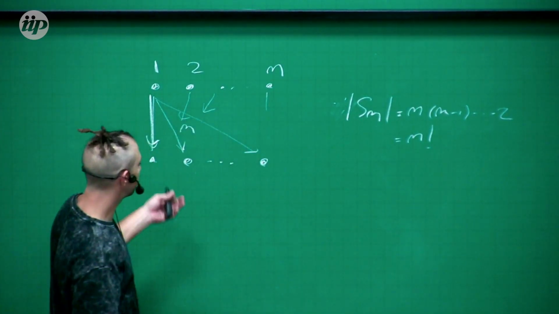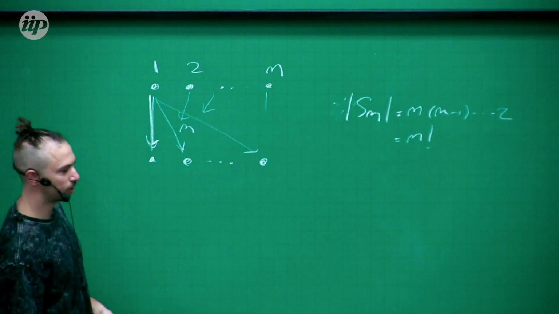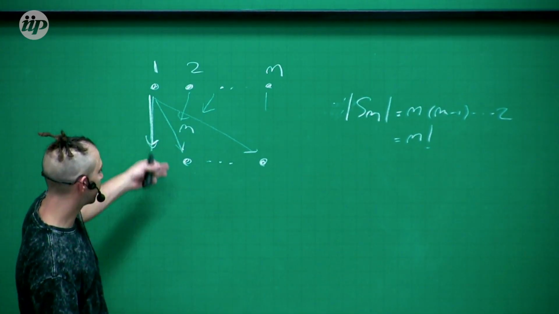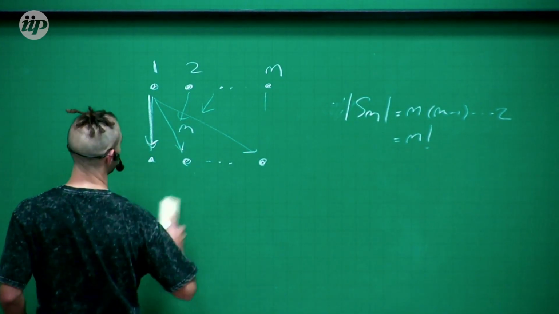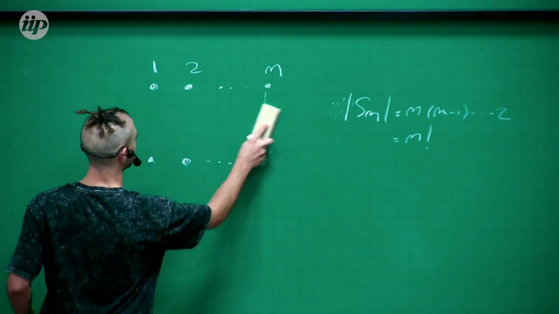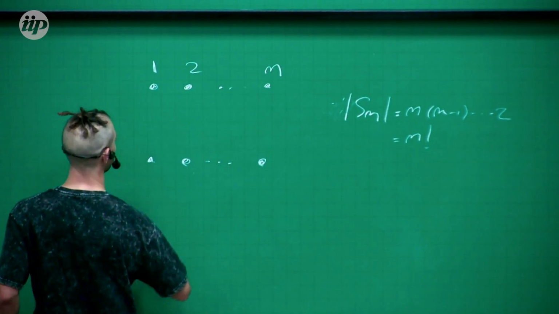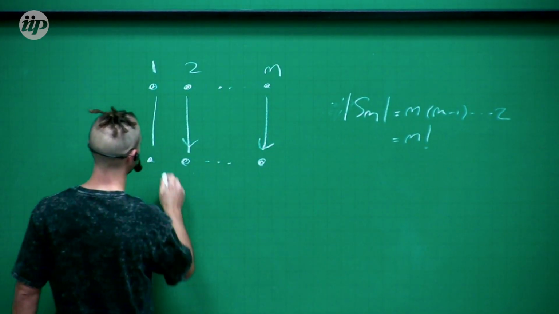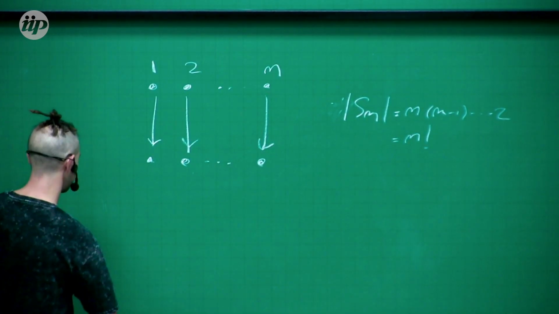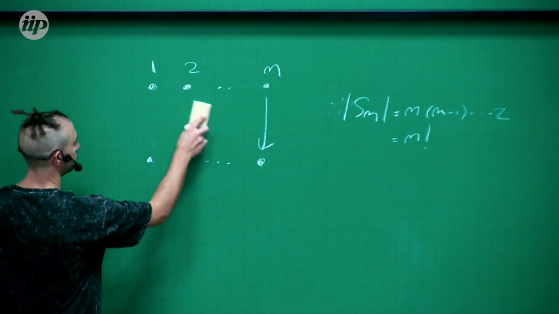And I can also visualize the bijections with these kinds of diagrams. Let me just draw a single bijection. It could be this one. Or instead, I could just swap the first two.